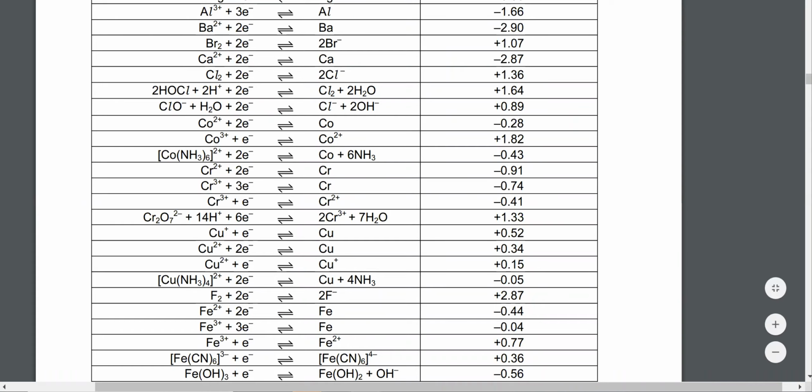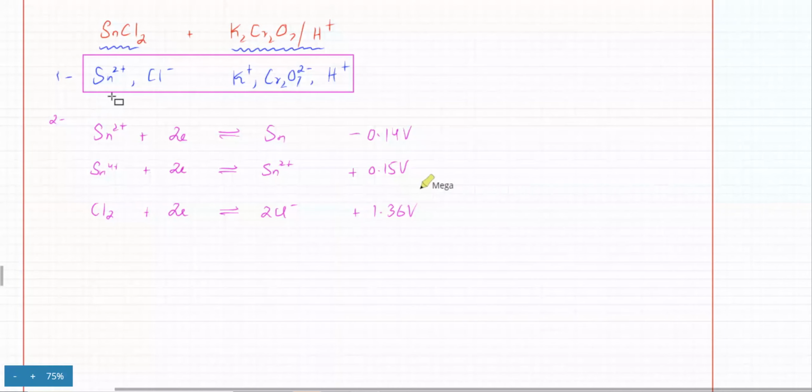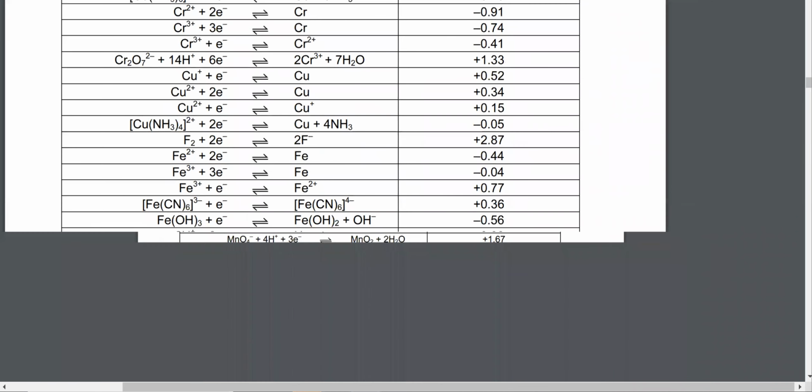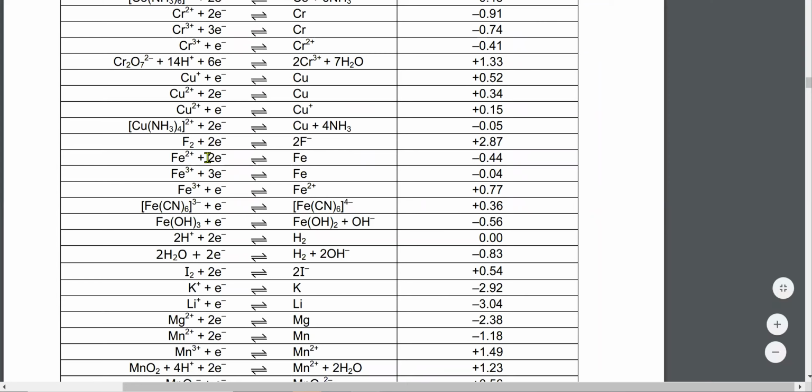Then what else did I have? I'm trying to predict this reaction, SnCl2 with K2Cr2O7, so let me write down the K+. There's K+ over here. K+ plus 1 electron in equilibrium with K, potassium, and this value is −2.92 volts.